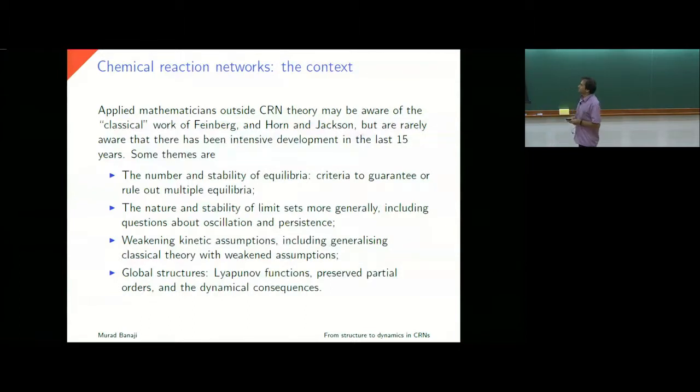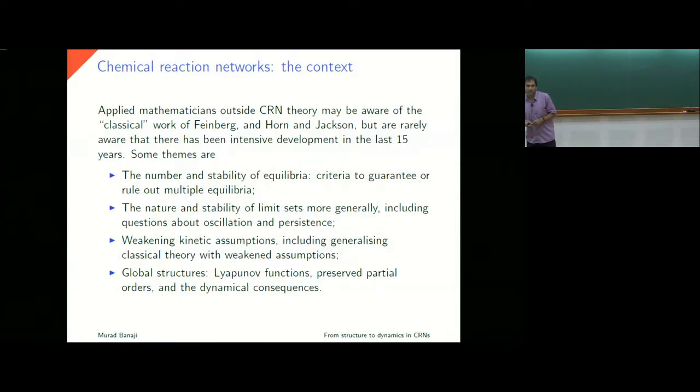And there were these seminal papers of Martin Feinberg in the US and Horn and Jackson in the UK, which proved a suite of results which are really elegant, really mathematically beautiful and general results about the behavior of chemical reaction networks. And some of these are called the deficiency 0 and the deficiency 1 theorems, in case you happen to have heard of them. So that was really the beginning of, let's say, modern chemical reaction network theory.